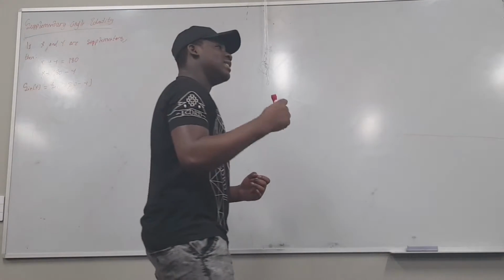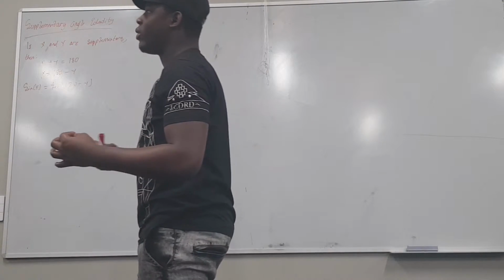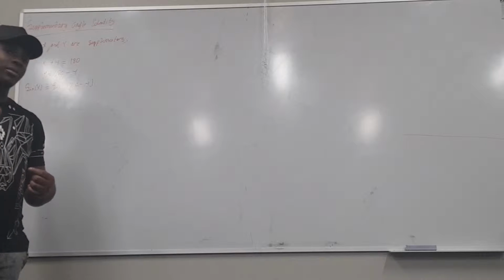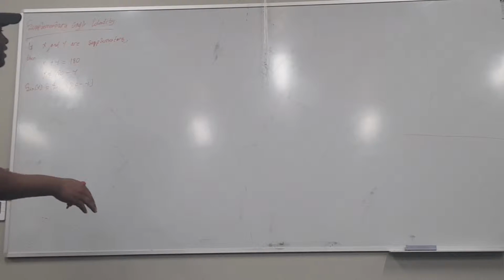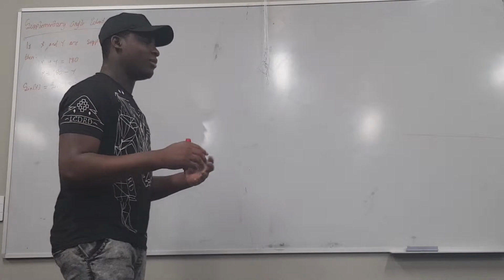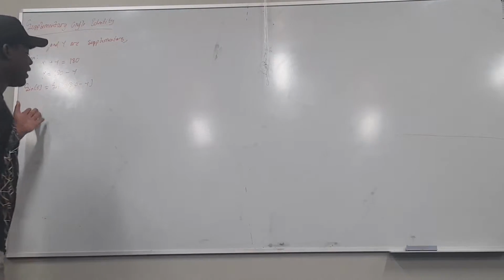But if x is less than 90 degrees, in which case y will be greater than x. We see that the highest value y can take is 180, in which case it will be sine of 0.